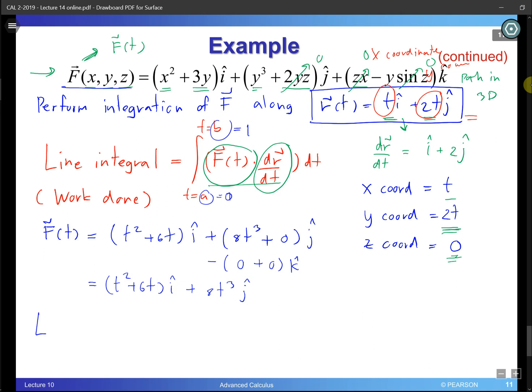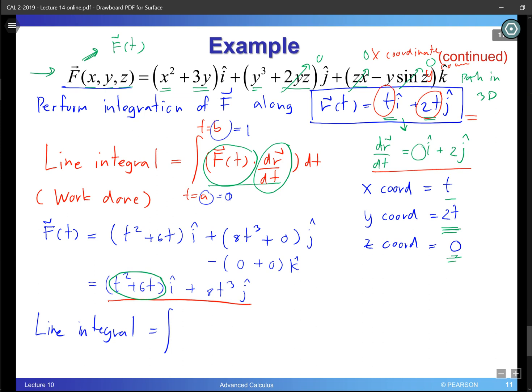Line integral equals integration of F dot dr. So let's take a look here. F is this, and dr by dt is this. So for the dot product, I'm going to take the first component of F and dr by dt and dot them together.